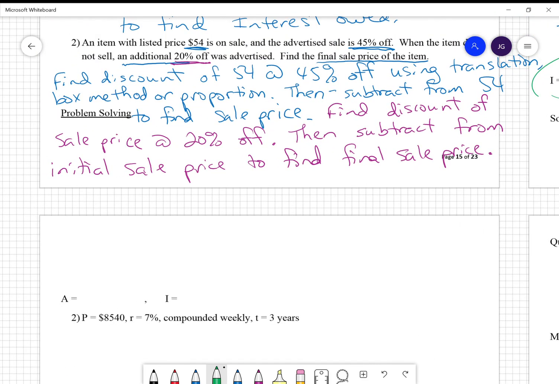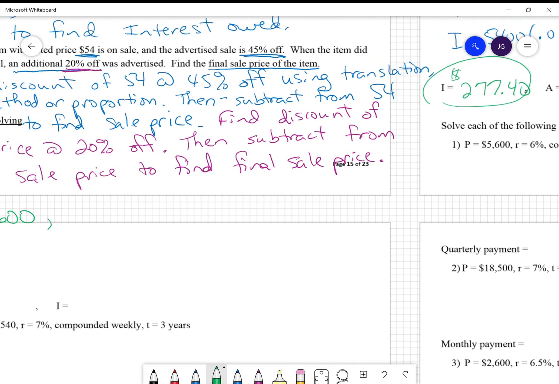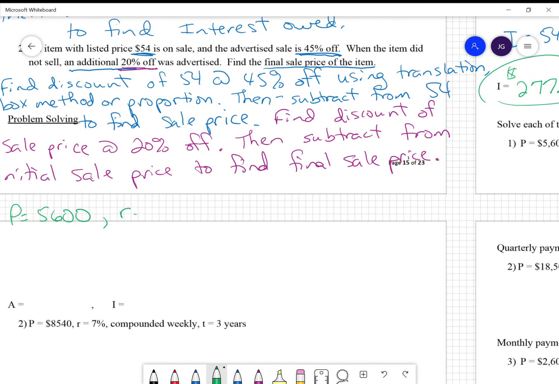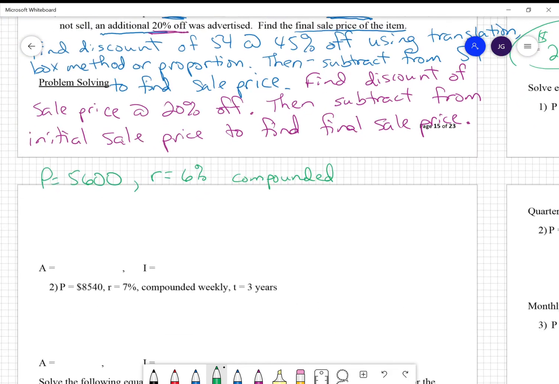All right. So P equals 5,600. R is 6%. Compounded daily, T equals 5.